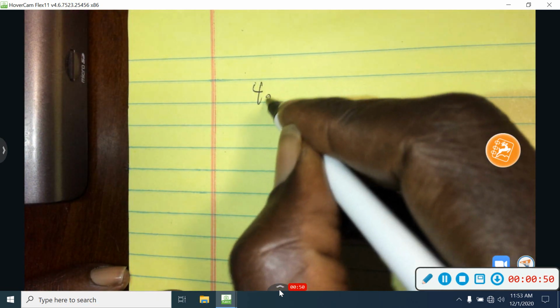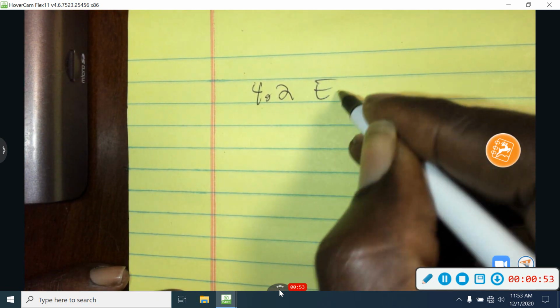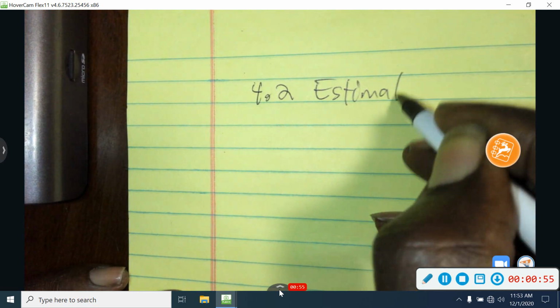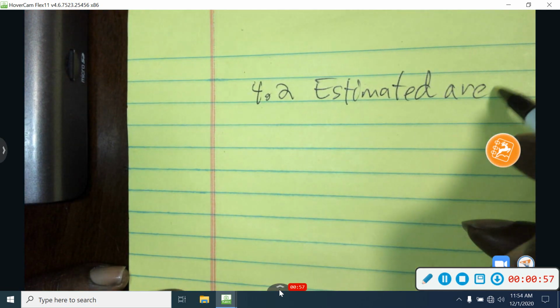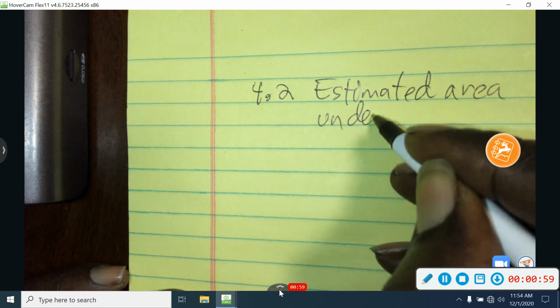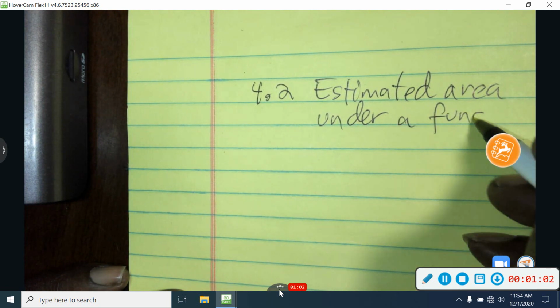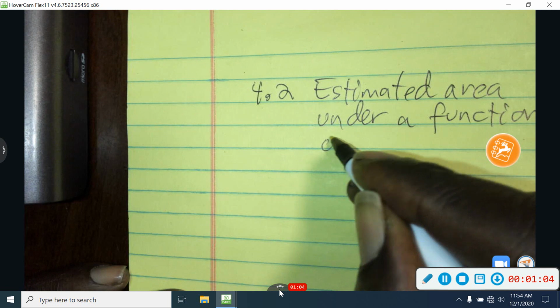So in 4.2, we estimated area under a function over an interval.